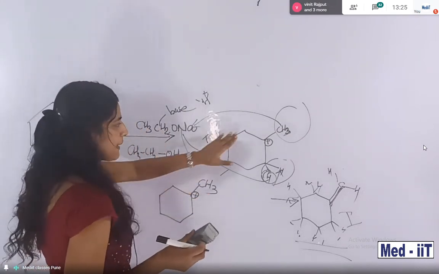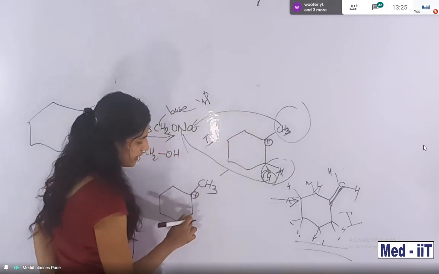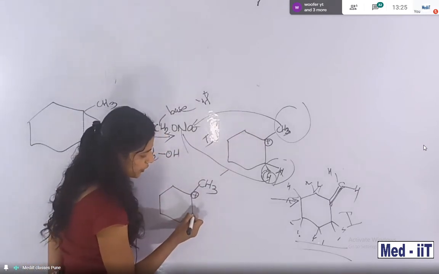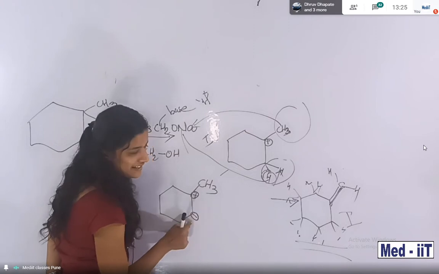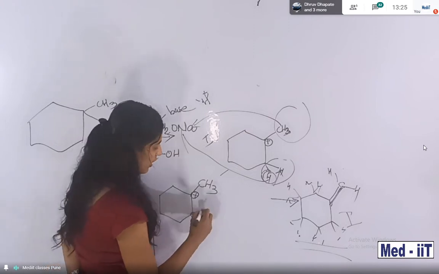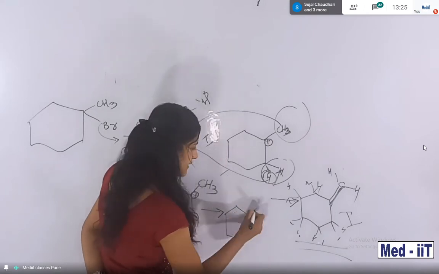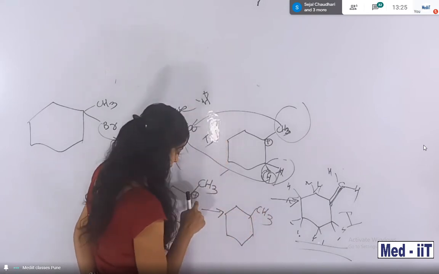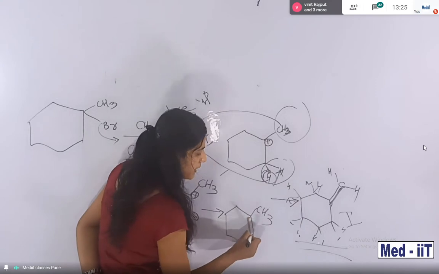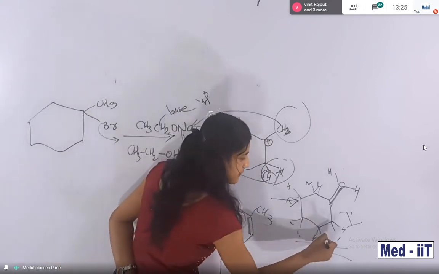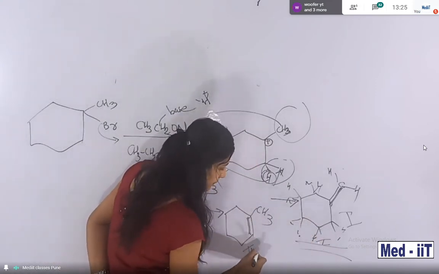This much is the same step, but the change is here. Now I am abstracting one proton from this side, so the negative charge is here. Then I am forming a bond here. So this is the first method, then this is the second method.